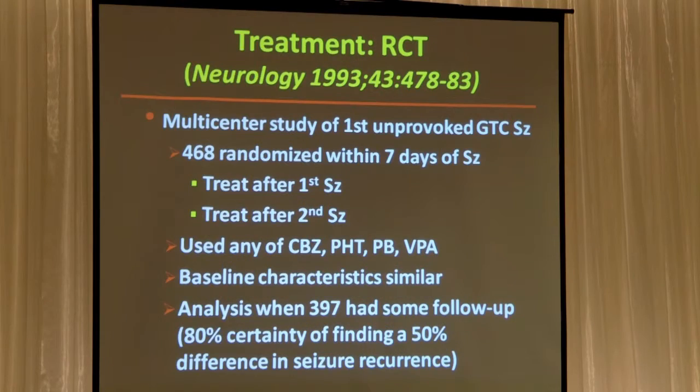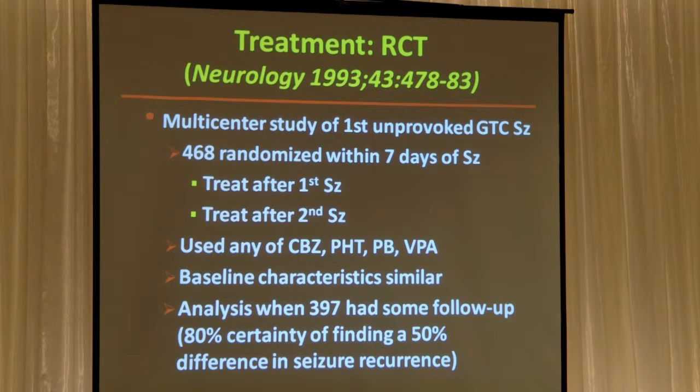But so here's the trial. This is a multi-center trial where they randomized almost 470 patients immediately after the type of seizure we discussed, all ages, all types of seizures except febrile seizures. They were randomized to receive treatment immediately, that is after this first seizure, or not until they had a second seizure.